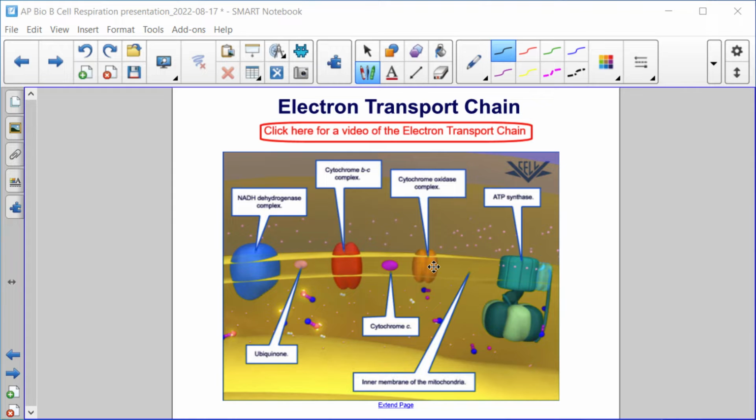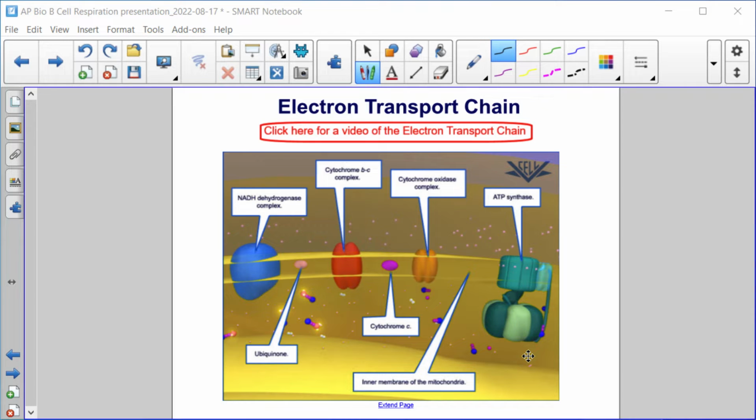This series of hydrogen pumping steps creates a gradient. The potential energy in this gradient is used by ATP synthase here to form ATP from ADP and inorganic phosphate.